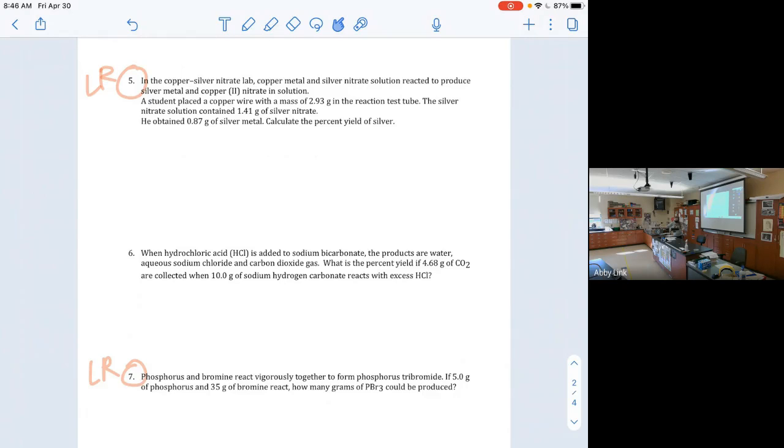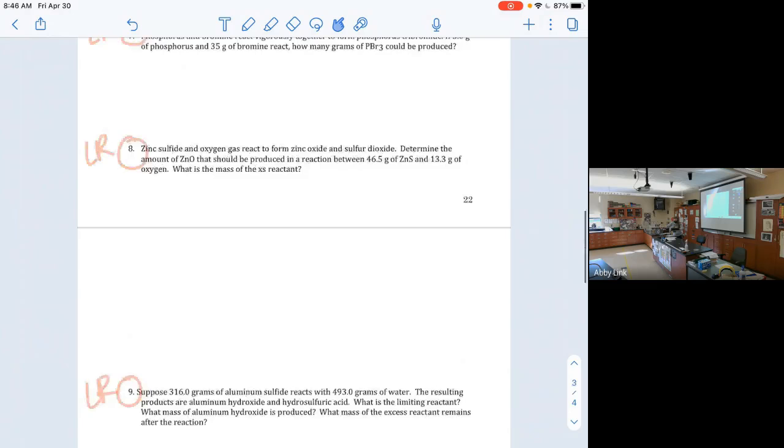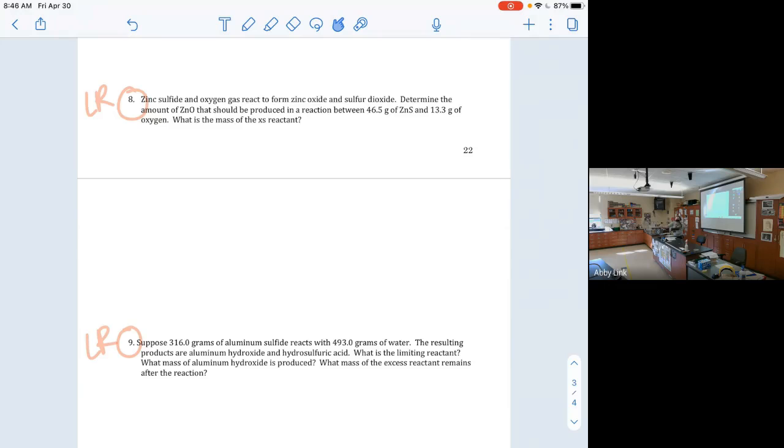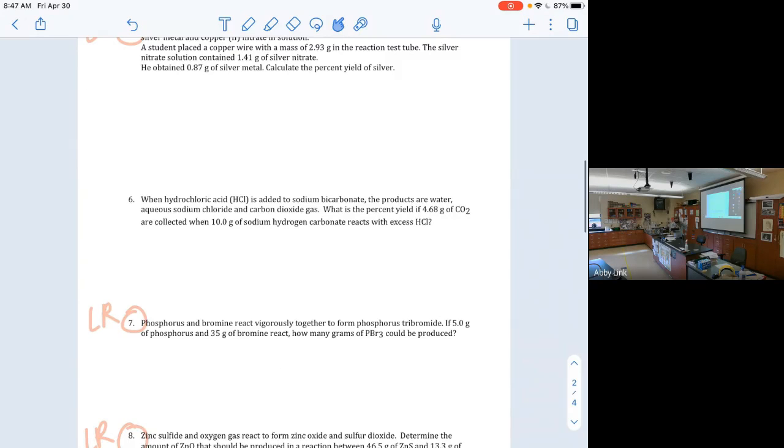We could also do number 8 or number 9, because those ask for the mass of the excess reactant that remains, which we didn't do in number 4. Basically, you take the moles of your excess reactant at the end and convert that into grams. So let's start with number 5, and then we'll see how you're feeling.